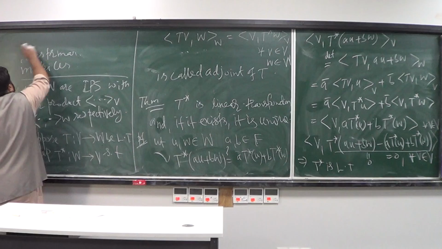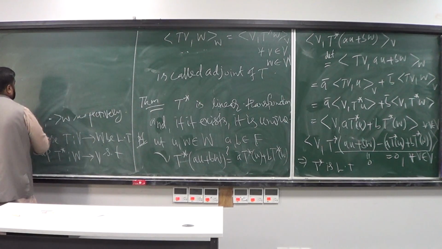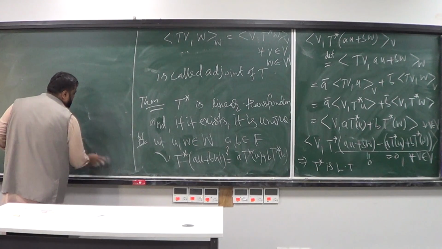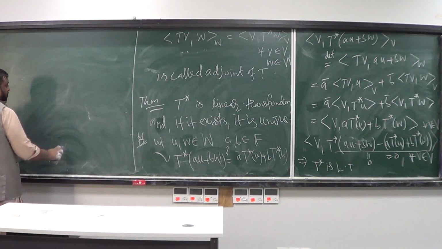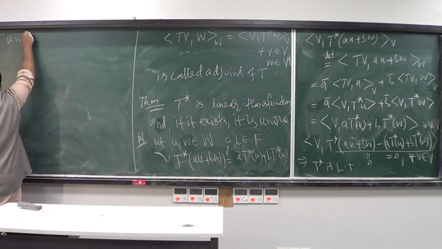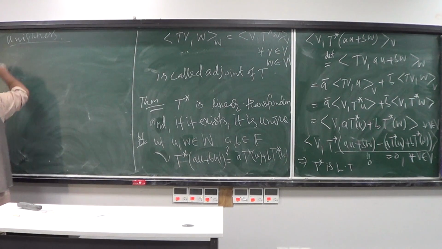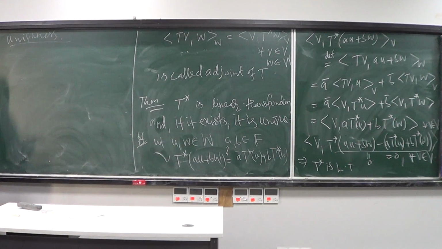Why is the adjoint, if it exists, unique? Okay, so let's talk about why T star, if it exists, is unique. So here's a proof of uniqueness.